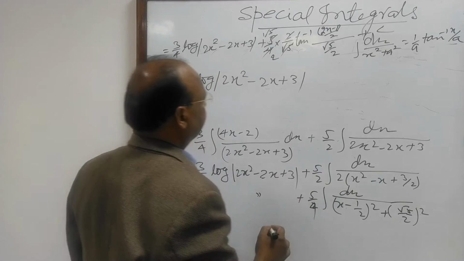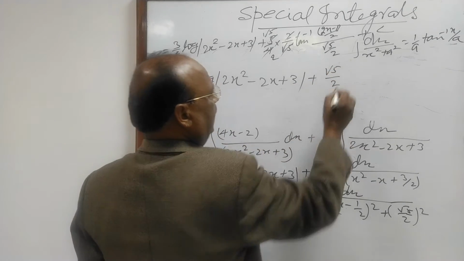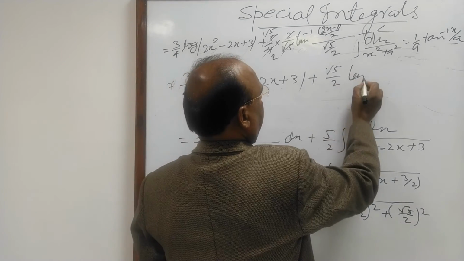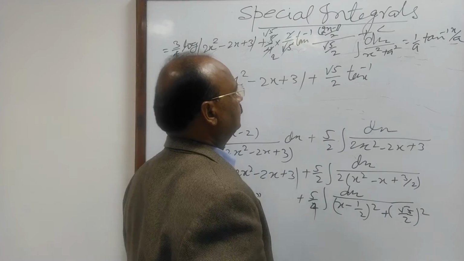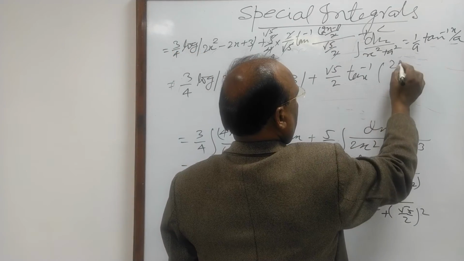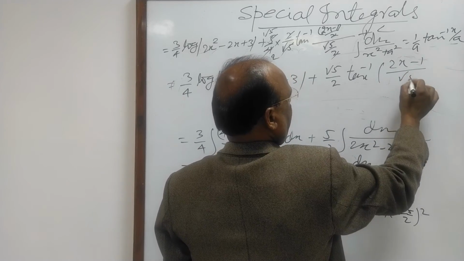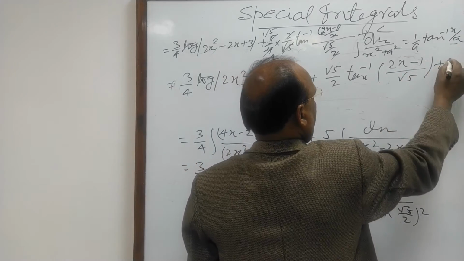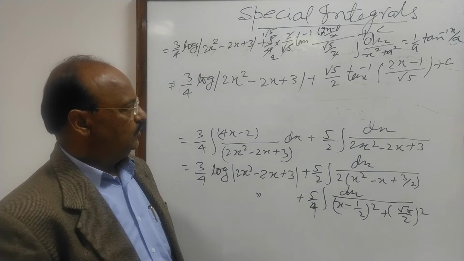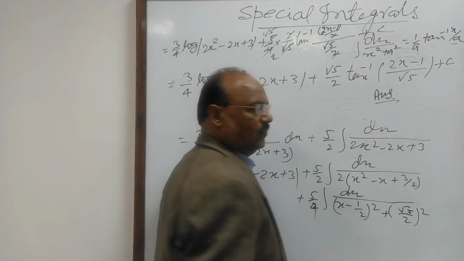So this is plus root 5 by 2, and tan inverse, this 2 will be cancelled out. So here (2x minus 1) upon root 5 plus constant of integration c. So this is the result, this is the answer.